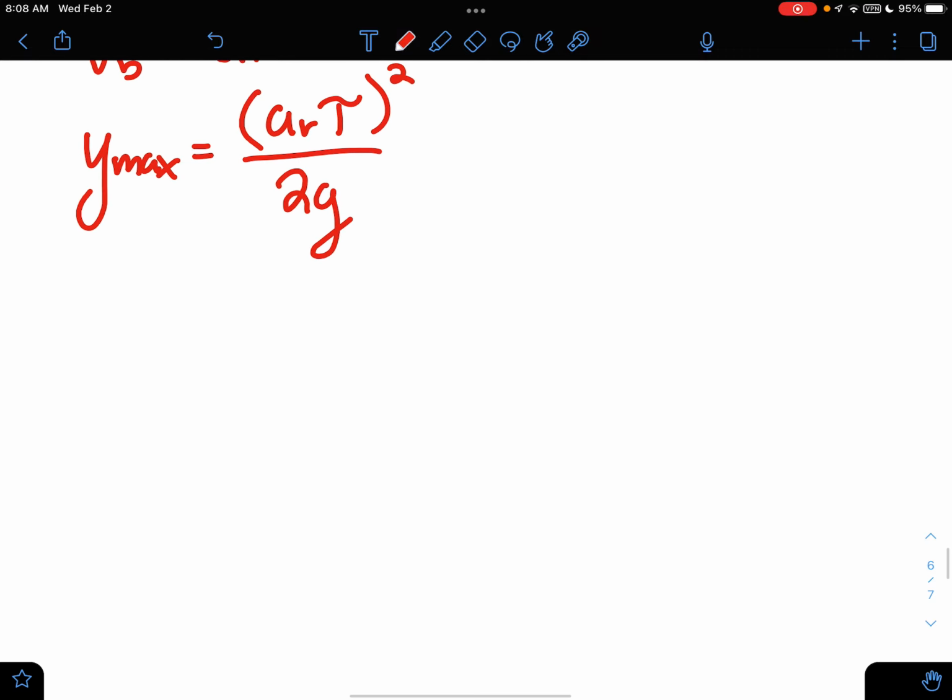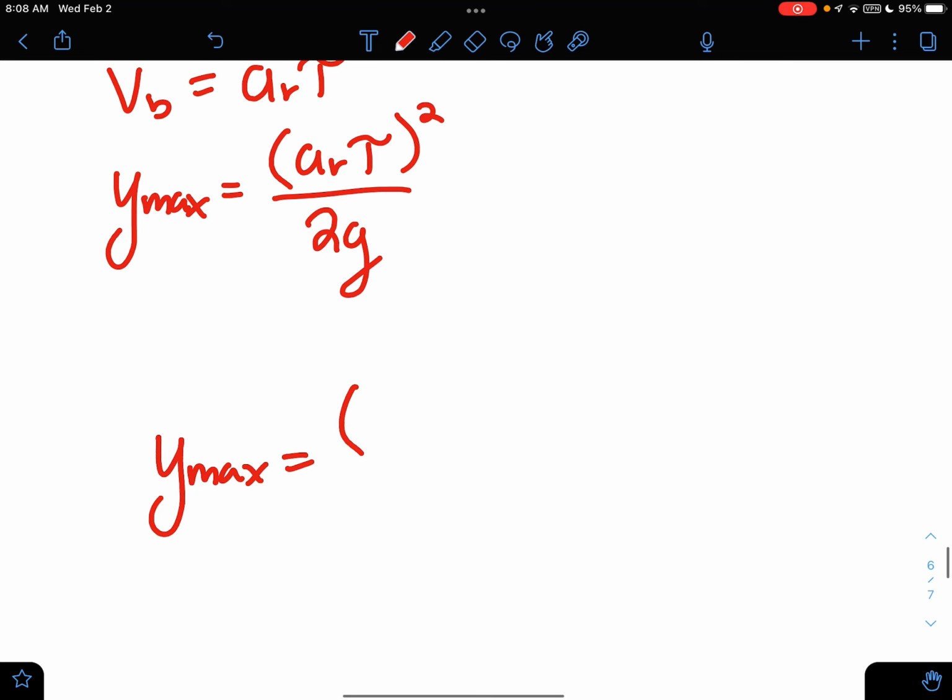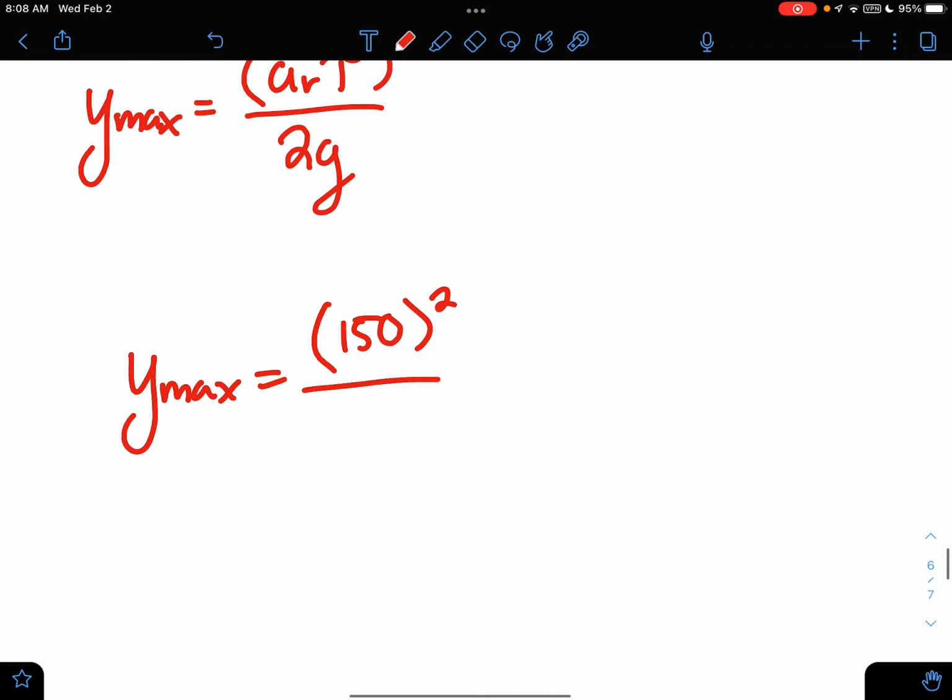So our y max is going to equal, our acceleration going up is 15 times the 10. I'm just going to do 15 times 10, so you don't have to write it out like that, squared over 2 times 10.